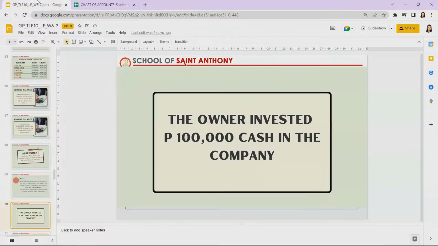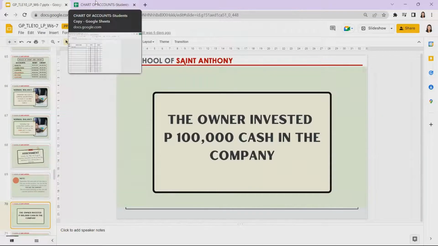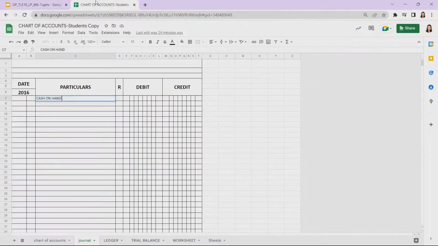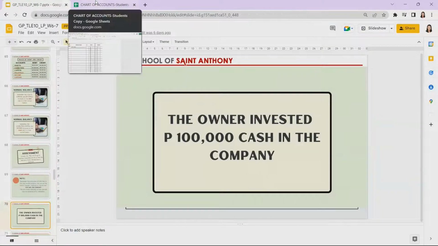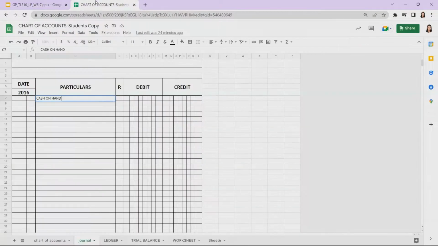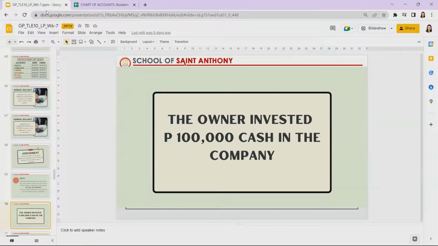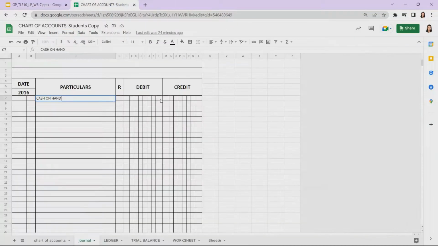Since it is not written here, we will not use cash in bank because in accounting, we have a rule: never assume unless otherwise stated. Since it is not stated here that the company used a check, we're not going to use cash in bank. How much is the cash on hand of the company? Magkano daw? 100,000.